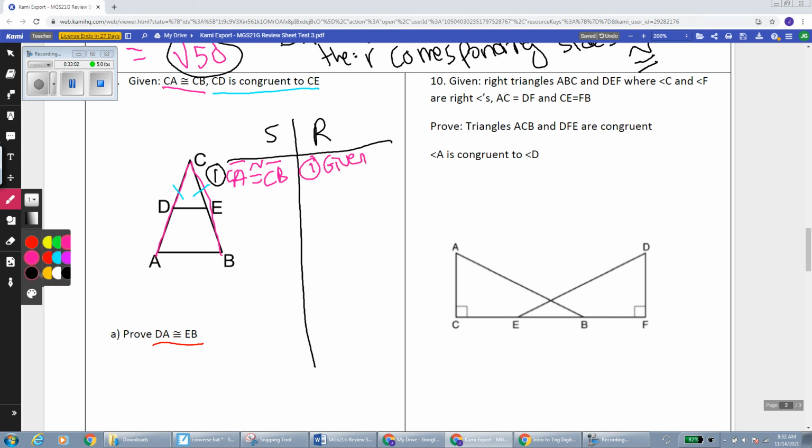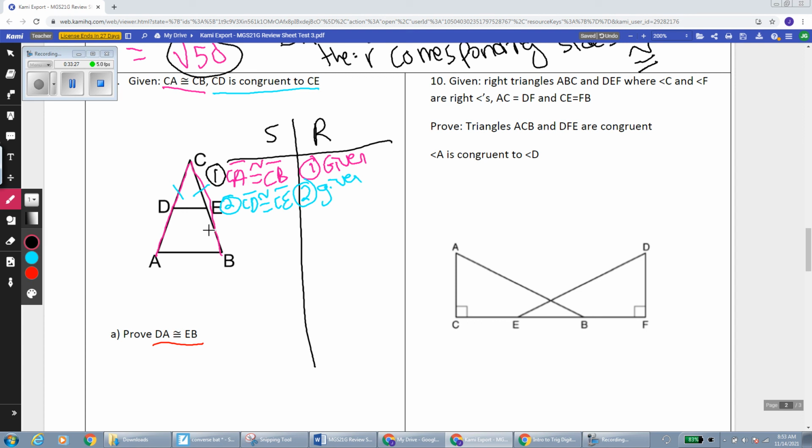And we're told that CD is congruent to CE. That's given as well. So I just wrote it in the same colors that we marked the information in the diagram. So then we said that we're going to have to use the subtraction postulate.